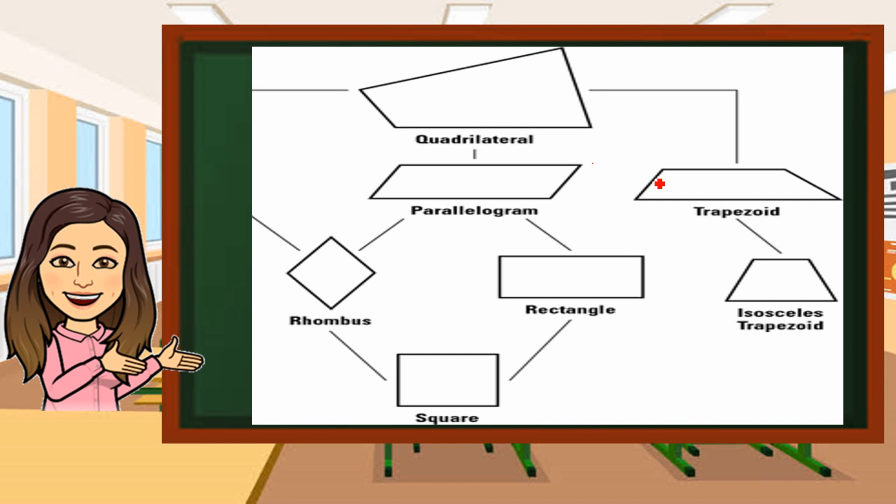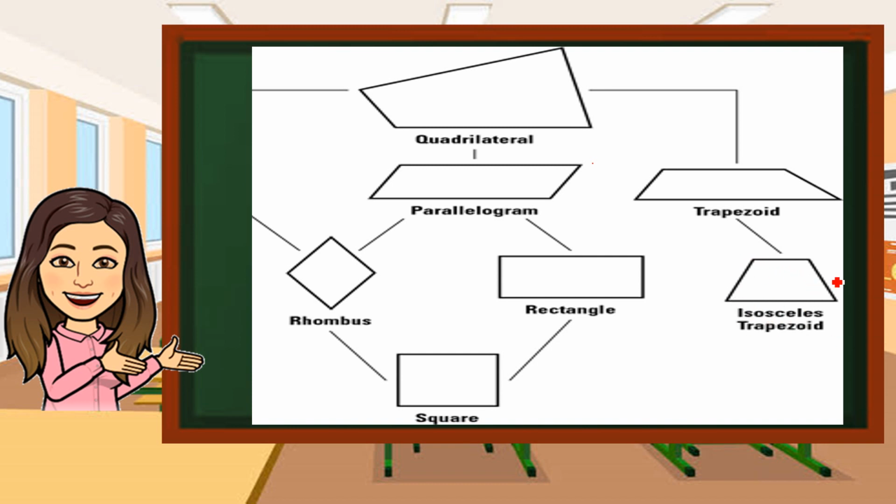However, there are some trapezoids that are not isosceles trapezoids because the non-parallel sides of some trapezoids are not congruent. But here, we have an isosceles trapezoid because the non-parallel sides are congruent, or they are the same or equal in measurement.